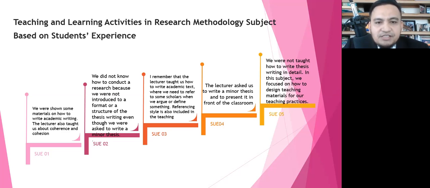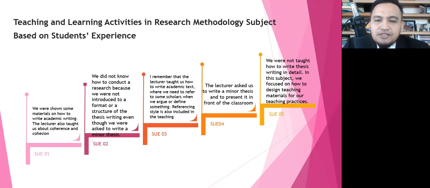And the third student said that I remember that the lecturer taught us how to write academic texts where we need to refer to some scholars when we argue or define something. Referencing style is also included in the teaching.